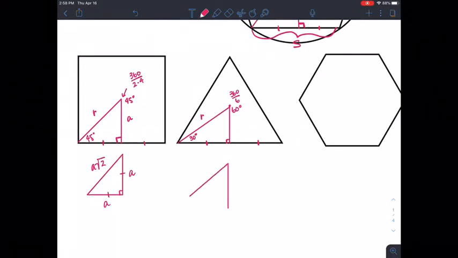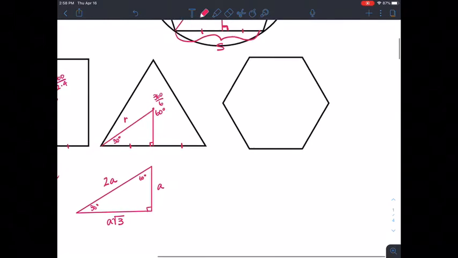Again, quick reminder from our Unit 5. If I have got a 30-60-90 triangle, then I have my short side is a, my long side is a root 3, and my hypotenuse is 2a.